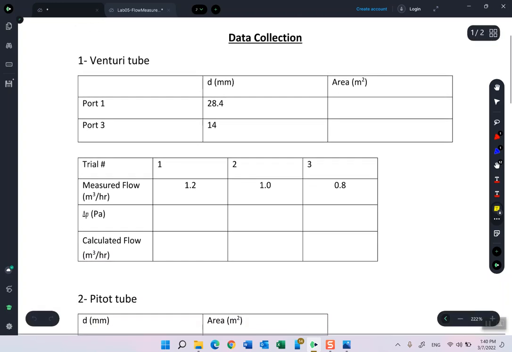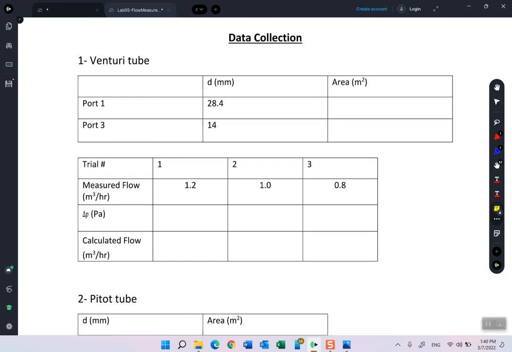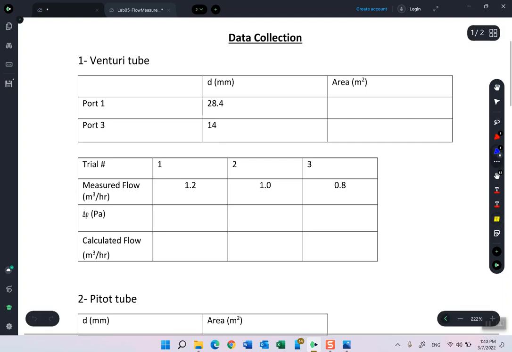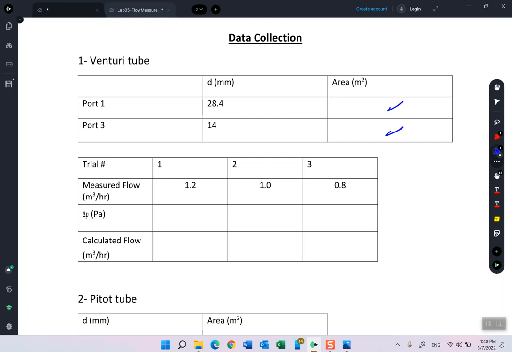Okay, so for the first experiment, for the Venturi tube, as you can see, the diameters of sections 1 and 3 are already given, so you can easily calculate the area from knowing this diameter, and of course it's a circular tube.